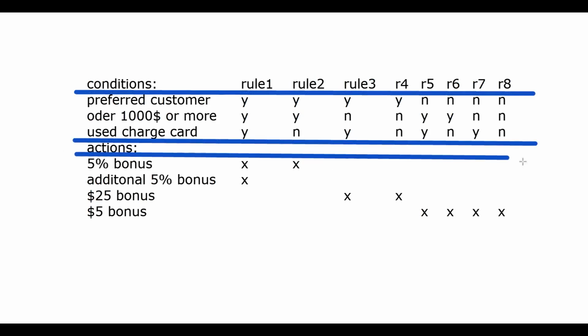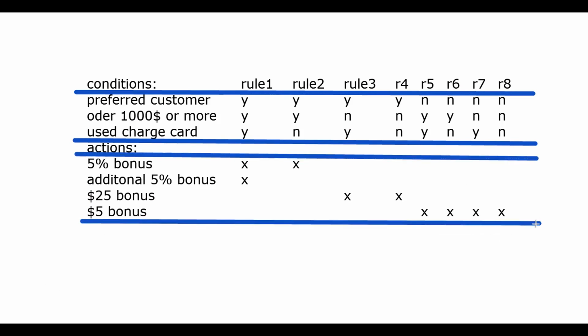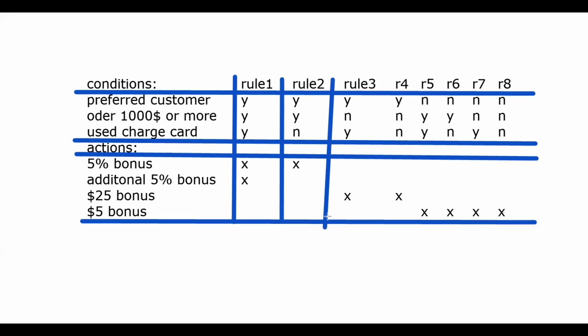In this particular case, we had 4 actions. And then we have 8 rules because we have 3 conditions. So rule 1, rule 2, and rule 3.